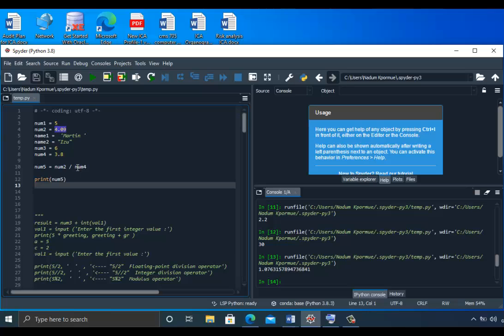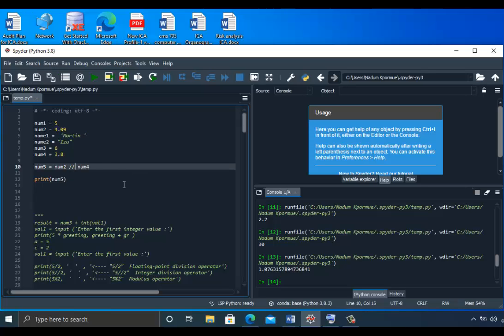Now if we change this operator to the double forward slash operator, let us see what will happen. It is also key, so let's take note of this.